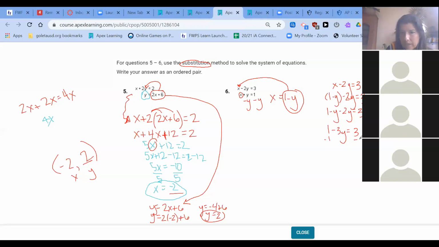See ya. And so we're left with negative 3y equals 3 minus 1 is a 2. Last step, divide both sides by negative 3. So y equals negative 2/3. Okay.